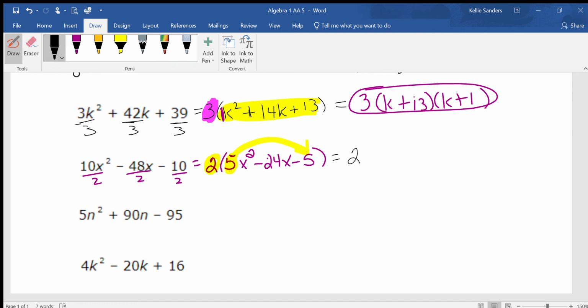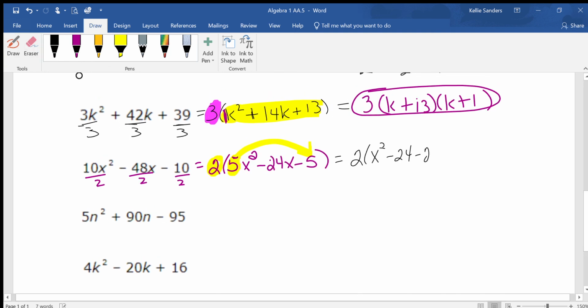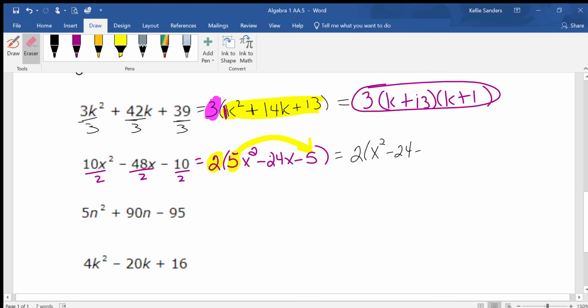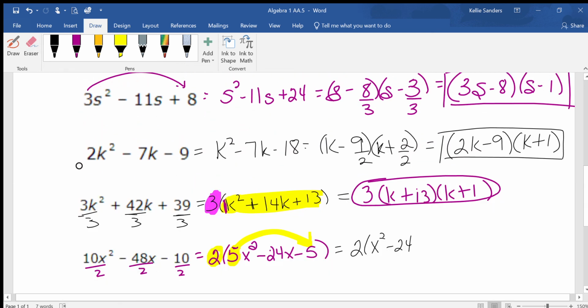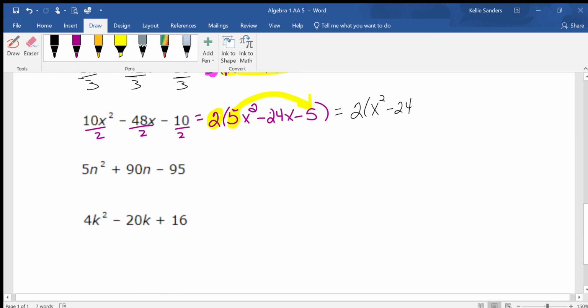The 2 is done. You don't have to do anything else to it. So x squared minus 24x minus 25.